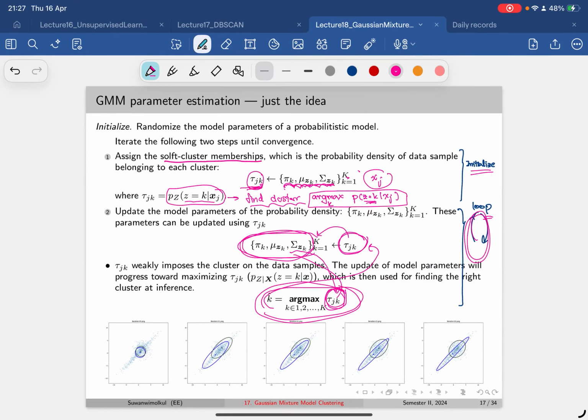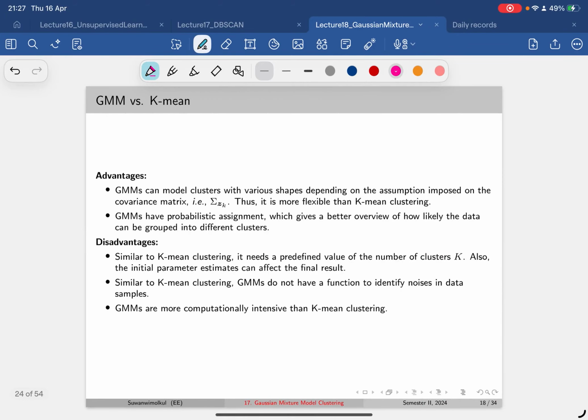Okay, so that is the general idea of how the Gaussian mixture model works in order to find a cluster for your data points. Before we do anything further, I would like to summarize a little bit. I'm not sure if you can see that, but the Gaussian mixture model can cluster data with different shapes, because you have the assumption of a covariance matrix, right?